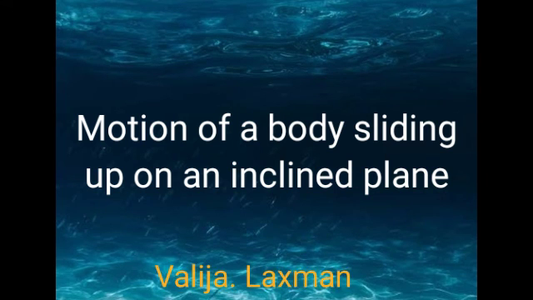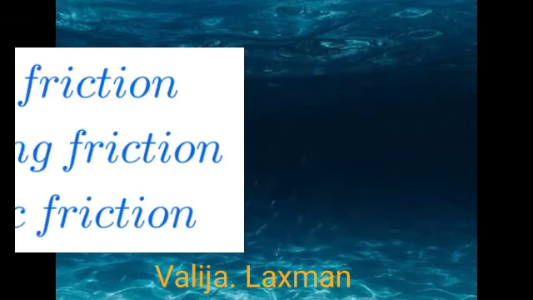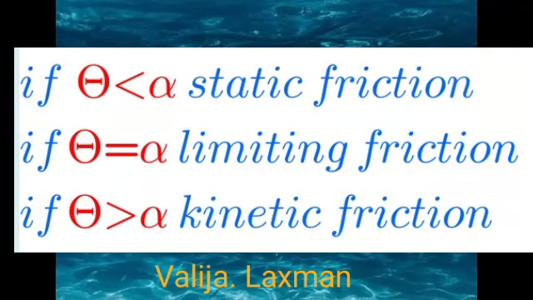So first, consider a body of mass m on the inclined plane with coefficient of kinetic friction mu k. Let alpha be the angle of repose. When theta is less than alpha, the body is at rest and there will be static friction.